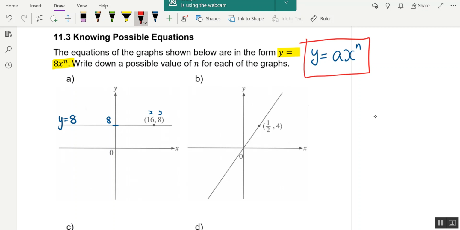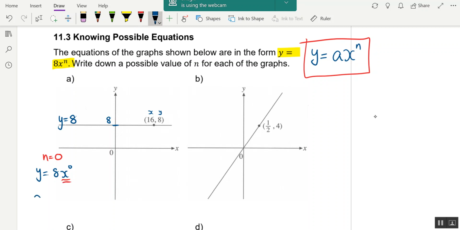Number one, n is equals to 0. For a straight horizontal line, your n is equal to 0. And because it passes through 8, the equation of this line is y equals 8x to the power of 0, because x to the power of 0 is equal to 1.